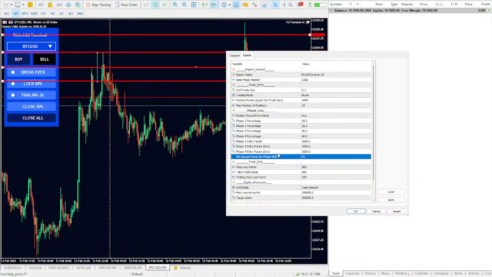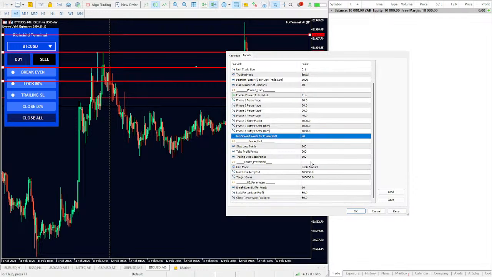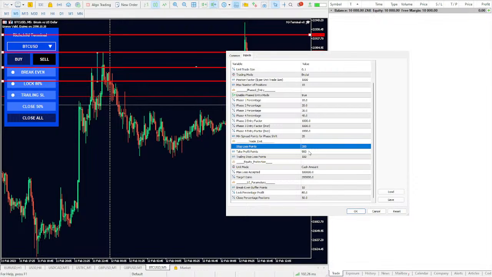So minimum points for this goes to 20. You just leave it there, it's fine. So stop loss is your stop loss. Whenever you press the buy or the sell button, it's going to be your stop loss value in points. We put this in points so that you don't get confused when you're trading things like Bitcoin, trading things like Nasdaq, and so forth.